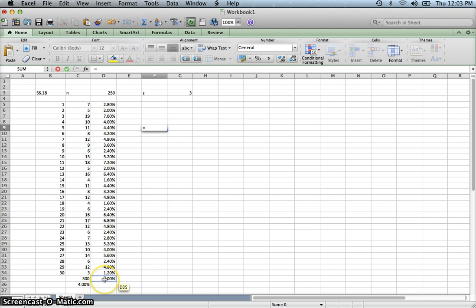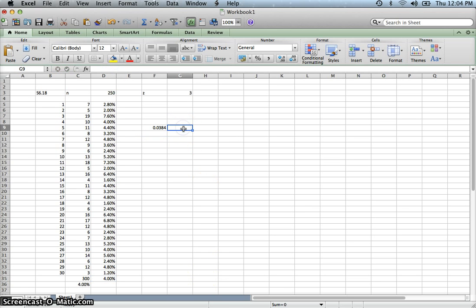So we take the average percentage and we multiply that by 1 minus the average percentage. And so that's the top part of the equation. So the percentage times what's left, or the opposite of that percentage. That gives us the top part.